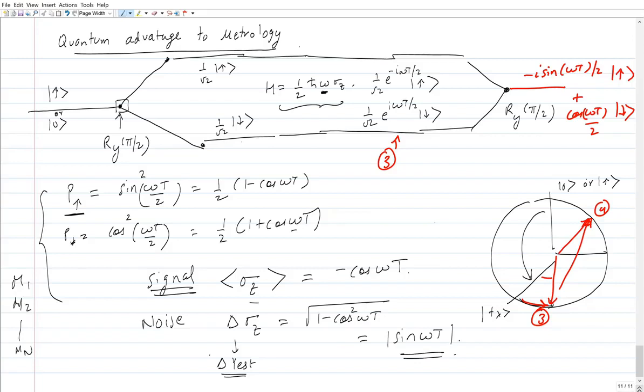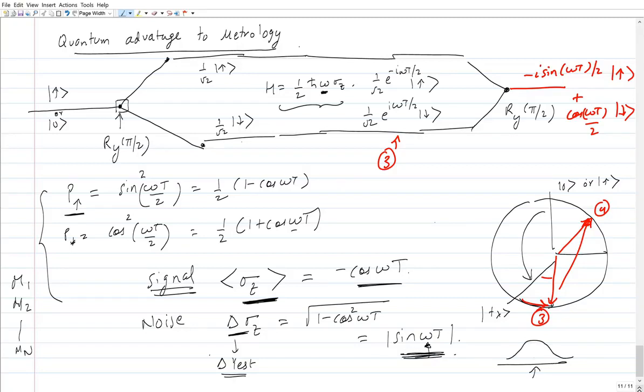So as we discussed, this is in some sense my estimator, which has the information about the frequency omega embedded in it, and I repeat this experiment many times. I get the expectation value of the signal, and the variance, which is the spread around the parameter, is going to be given by sine omega t.